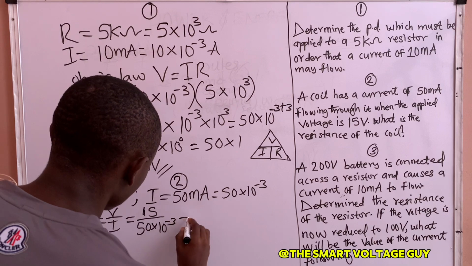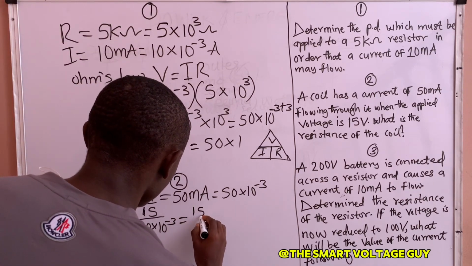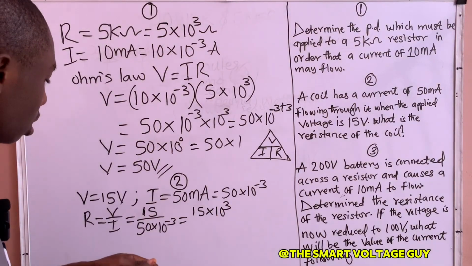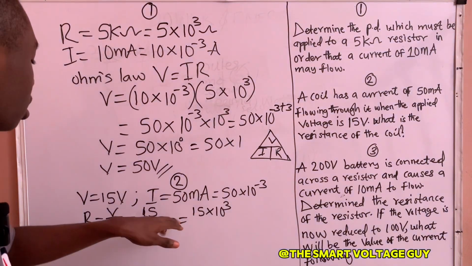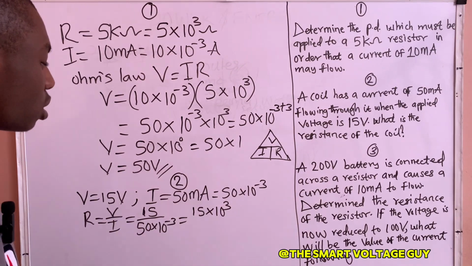minus 3. Which is the same thing as 15 times 10 raised to power 3, because if this 10 raised to power minus 3 moves to the numerator, the negative sign will change to positive sign.